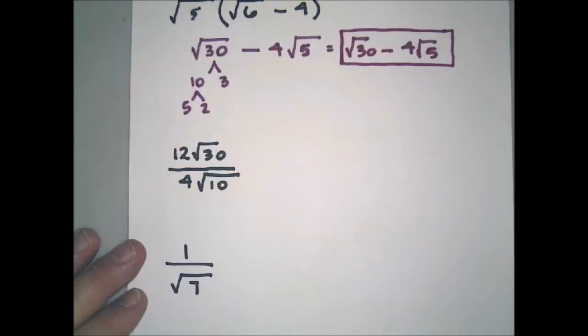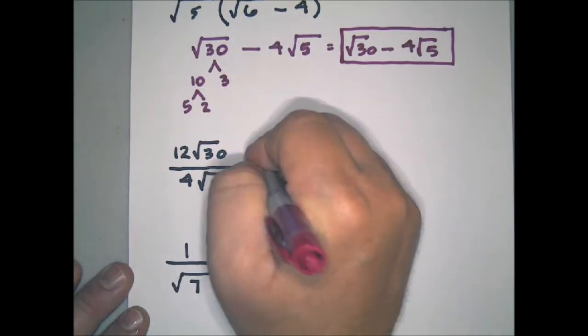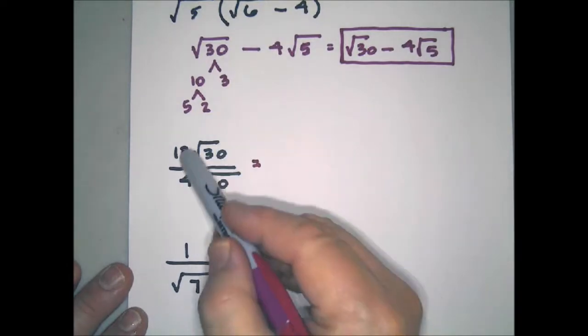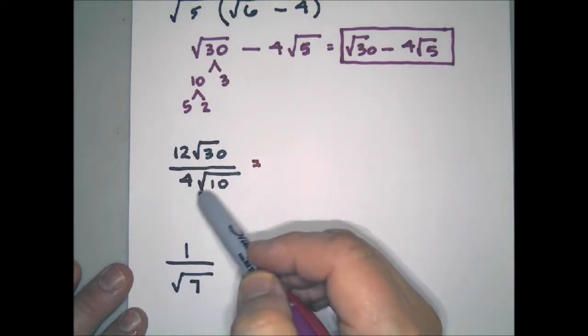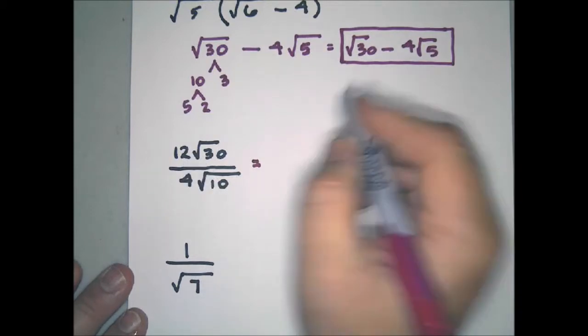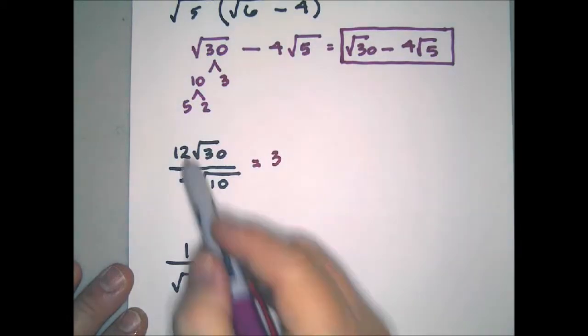Okay, now let's move on to some division. The same rules apply. Outside times outside stays outside. Inside times inside stays inside. So when it comes to these fractions, I tell my students the outsides can work with each other, just like normal fraction rules. So 12 over 4 makes 3, if you think of the reducing that happens.